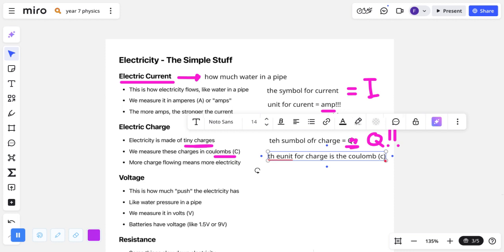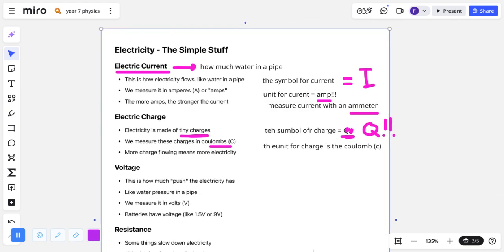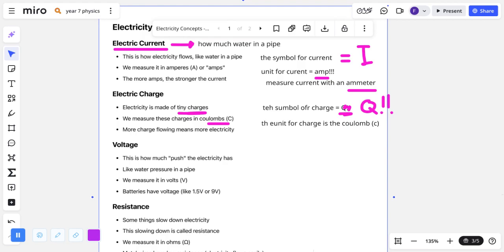We measure current in amps, we measure charge in coulombs, and we give charge the symbol Q. Oh dear. And it's those two that just throw it. Students either forget or don't bother learning it, and it's gone. It's literally just, oh my God, sir, I cannot do circuits. Yeah, because you don't know the symbols.